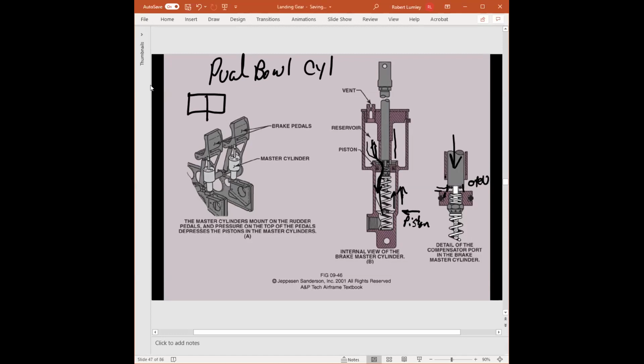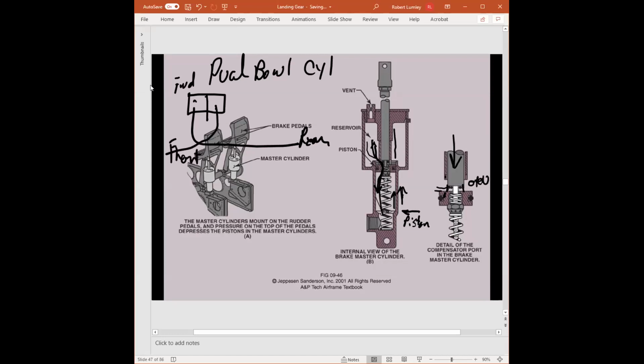When you open up the cap, you will see a forward bowl and a rear bowl. Depending upon the manufacturer, Ford's generally say this bowl is smaller and operates the rear brakes, and this one here, the rear one, operated the front brakes.